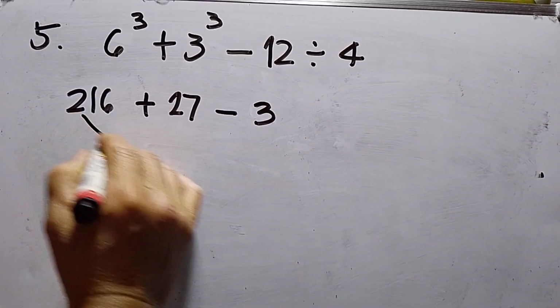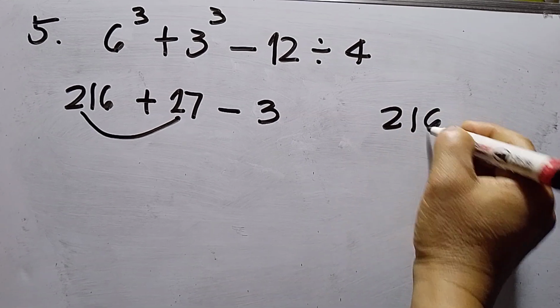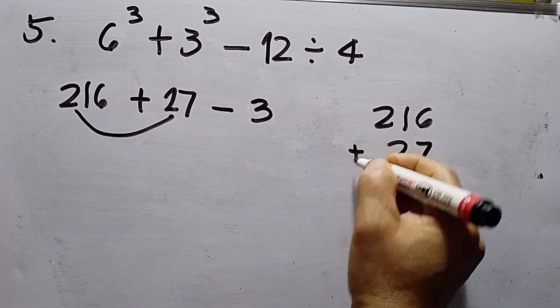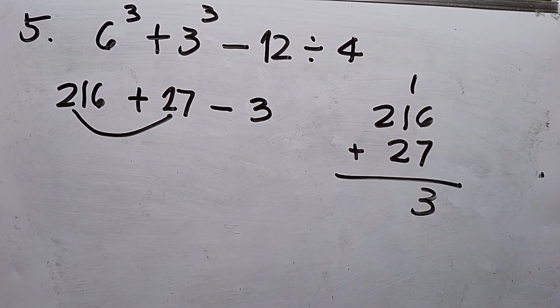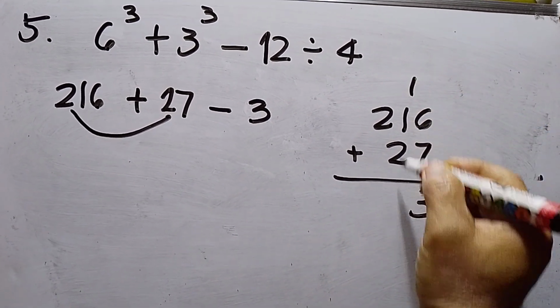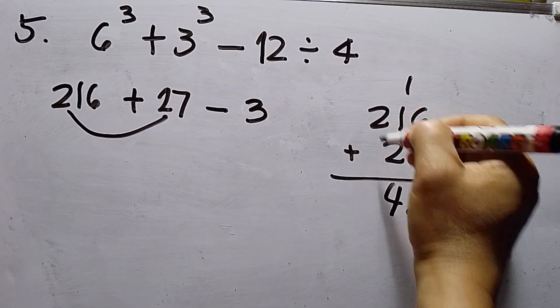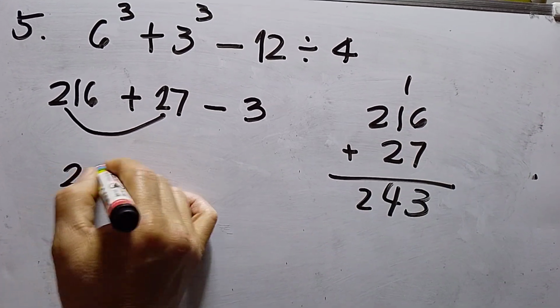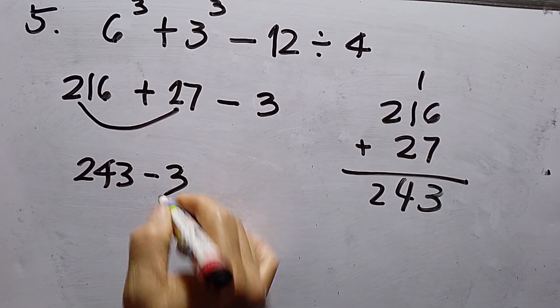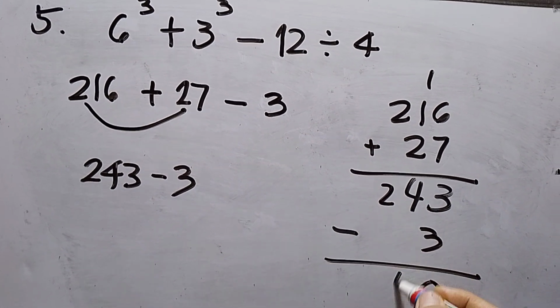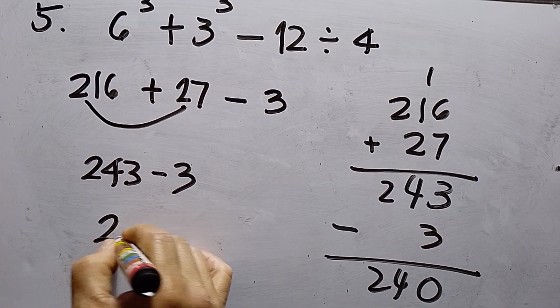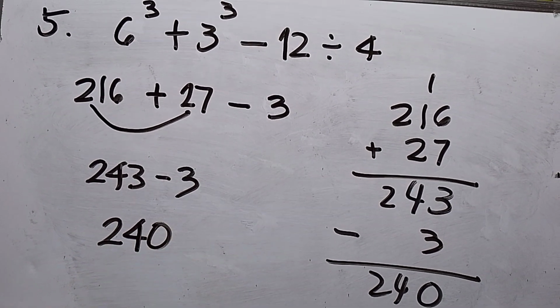And then combine this one. 216 plus 27. 6 plus 7 is 13. Carry 1. This is 1, 2, and then this will be 2, 4. Bring down 2. So I have here 243 minus 3. So 243 less 3. So the answer for number 5 is 240.